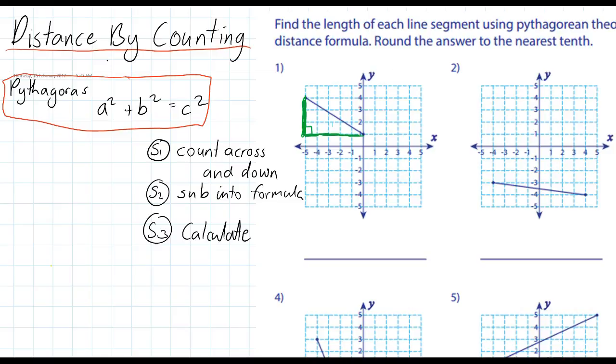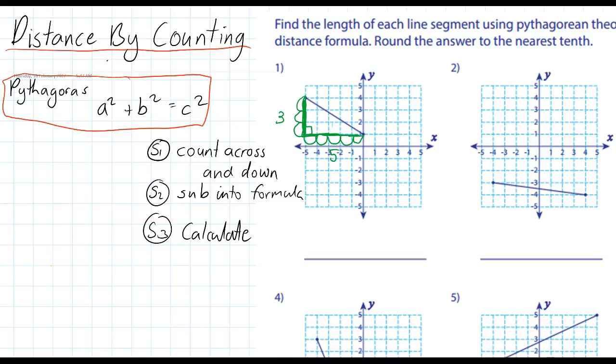Your next job is to count the sides of that triangle that aren't the long one. 1, 2, 3. That's my first side. 1, 2, 3, 4, 5. 5 is my second side.